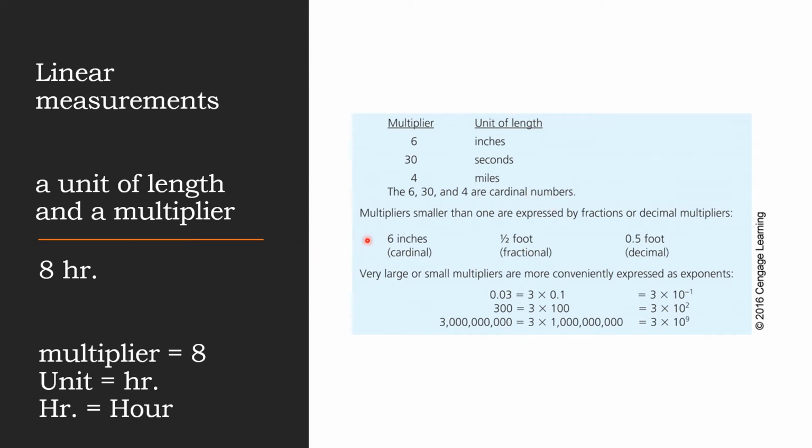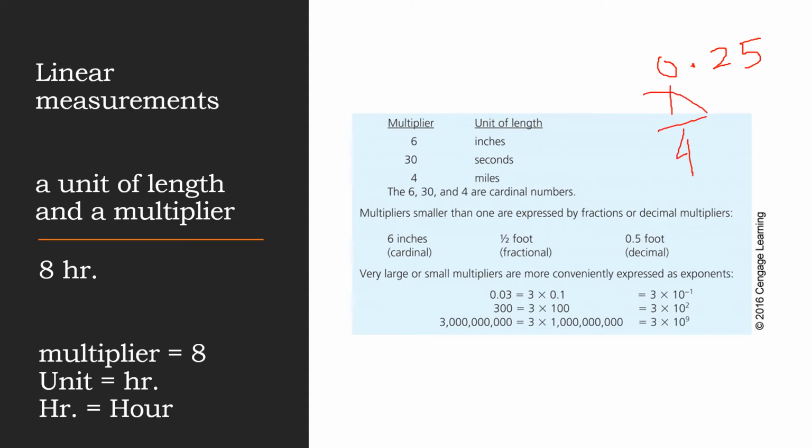Just a review. Multipliers smaller than 1 are expressed by a fraction like this. So if you have 0.25, that's 25% of 1, so therefore that's 1 by 4, a quarter.